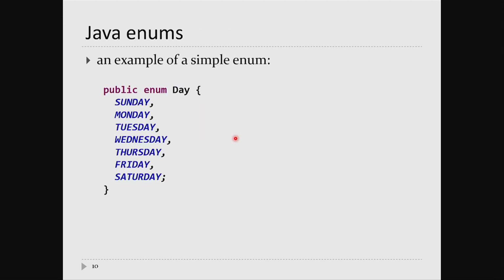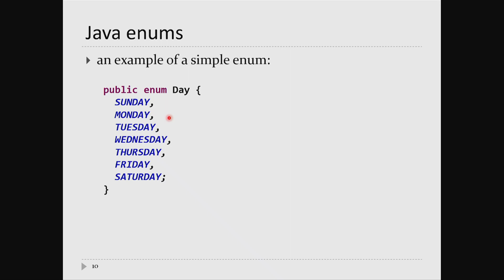Let me go back to the other one because it's shorter. When I write down that ordering of days, as far as the day version of compareTo is concerned, Sunday comes before Monday, Monday comes before Tuesday, Friday comes before Saturday. Which is fine in North America. Some countries start the week on Monday, and Sunday is the last day of the week.